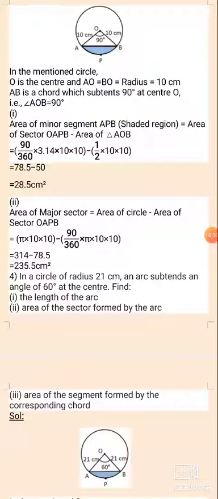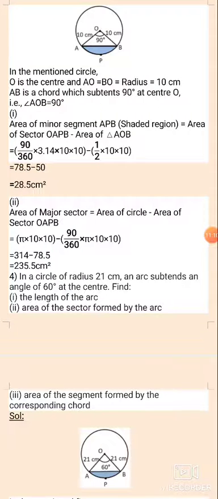So 60 degrees plus x, total is equal to 180. So 180 minus 60 is 120. Then each one is 60 degrees. So in this triangle, all the angles are 60 degrees each. So what type of triangle is this? Yes, an equilateral triangle. And we know how to find the area of the equilateral triangle that we have studied in the 9th class, which is root 3 by 4 a square.